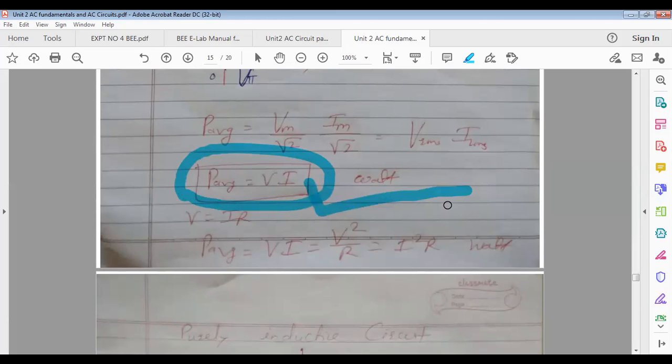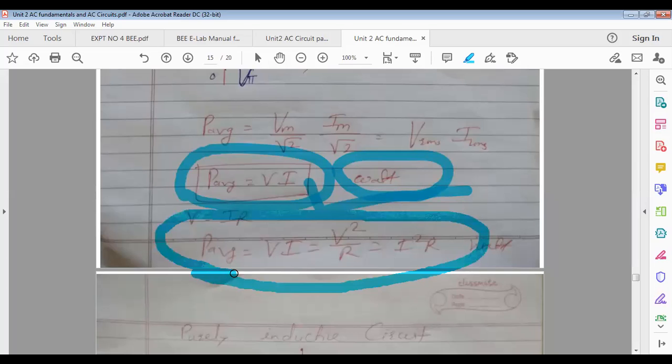Yes. How much? V into I. What is the unit? Watt. And V is equal to IR, you can put that, so you will get V square by R. You can calculate average power by all these three: V into I or V square by R or I square by R, and the unit is watt. Clear? Resistive type of load.